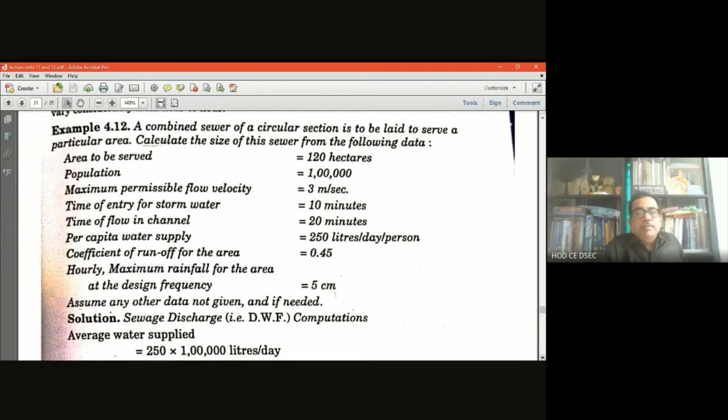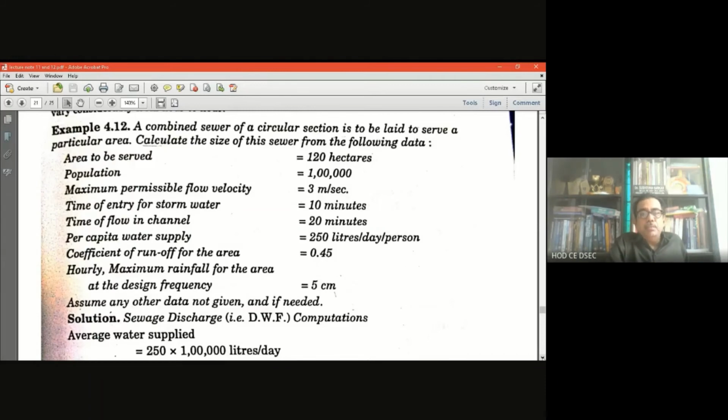This is a problem of the combined sewer, which generally comes in your semester exam. The concept will be much clearer, because it will tackle not only the storm sewer but also the sewage water. So you have to think in a combined way.